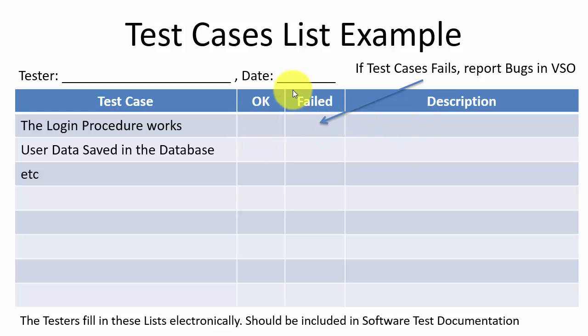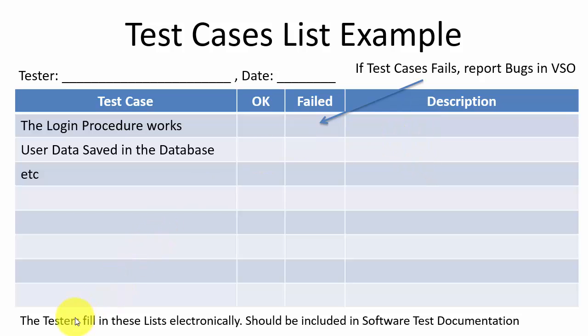And if the test failed, you need to include a description of what is wrong regarding the test case. And then, of course, these things need to be added to the bug reporting and tracking system as well.